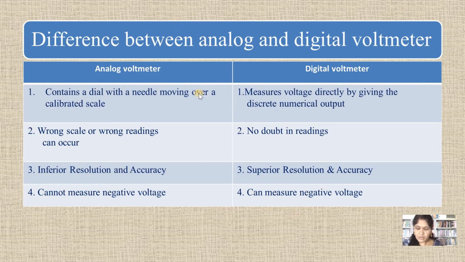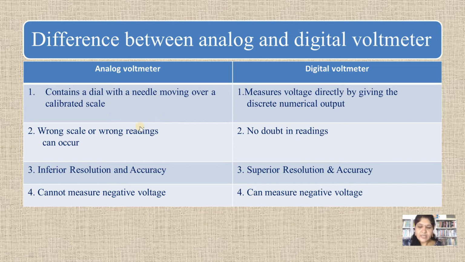The analog voltmeter contains a dial with a needle, and this needle is deflected over a calibrated scale. The needle moves over the scale according to the value of the input voltage. Whatever the value of the voltage, the needle will be deflected in proportion to that.